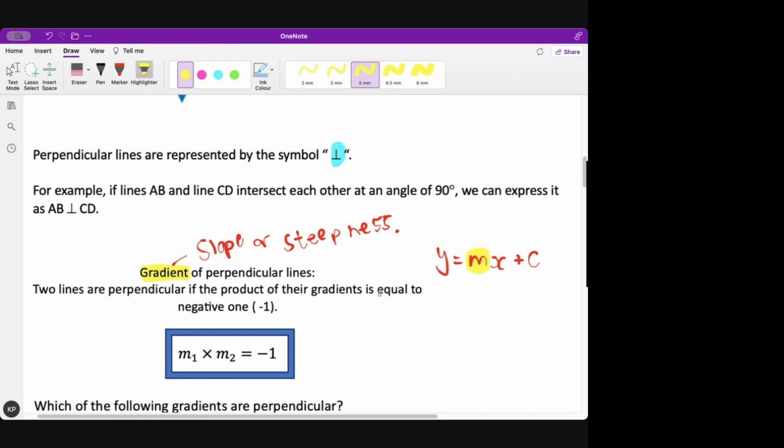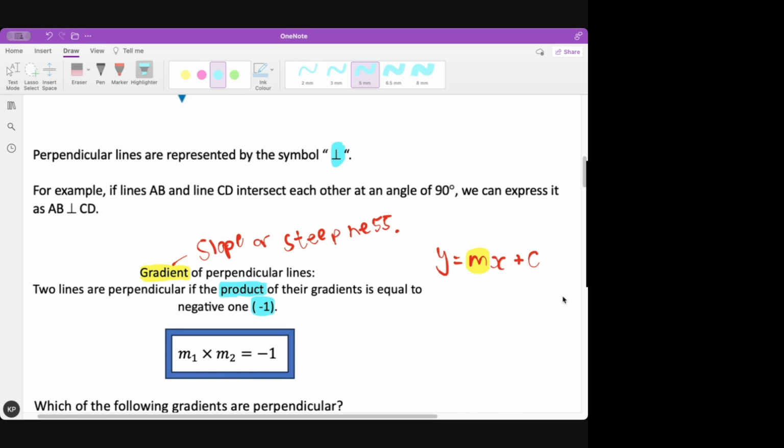If you have two graphs and you have the gradients of those two graphs, you first need to find the product. What does product mean? Which operation talks about product? Multiplication, that is true. The product of those gradients, if it is equal to -1, then those lines are perpendicular.